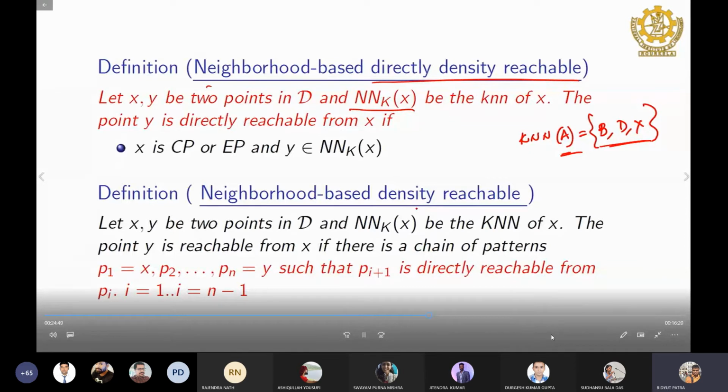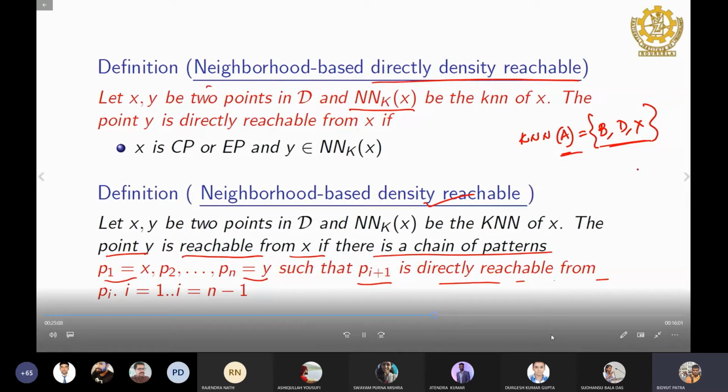Similarly, we study density reachable. So here also we have density reachable. What is that? The point y is reachable from x if there is a chain of points, a sequence of points, starting from the first point x to the last point y such that each point is directly density reachable.